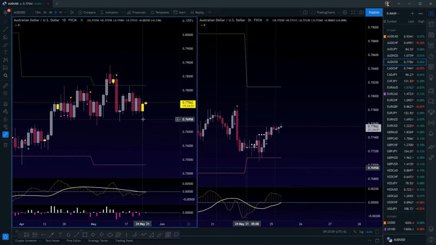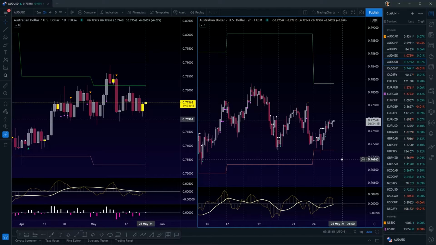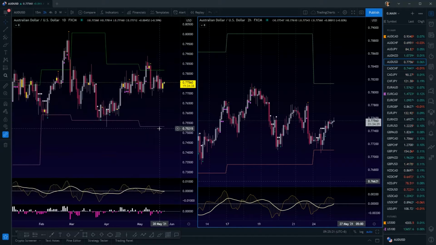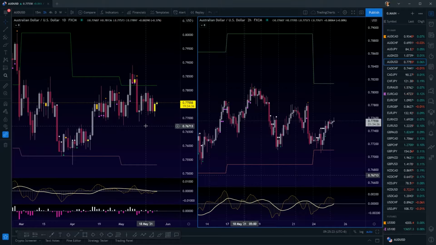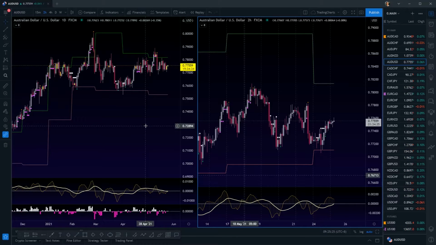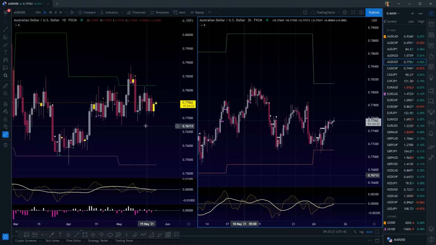Aussie US dollar, we got narrow range on the 2 hour, and still doesn't look quite that nice, huh? Yeah, it's just not nice.